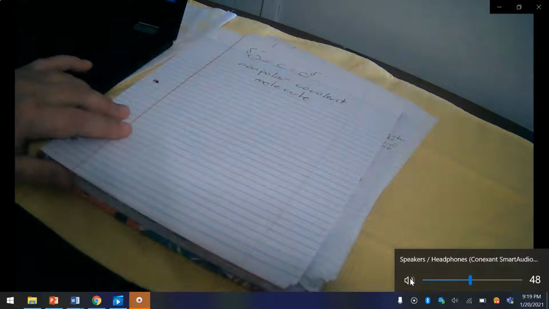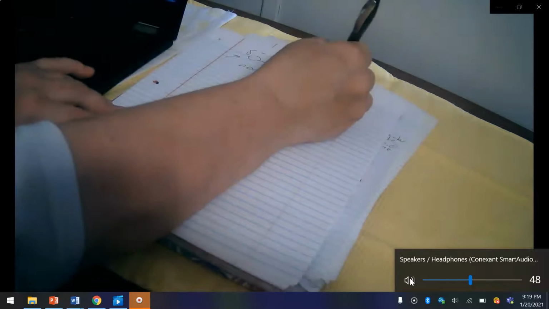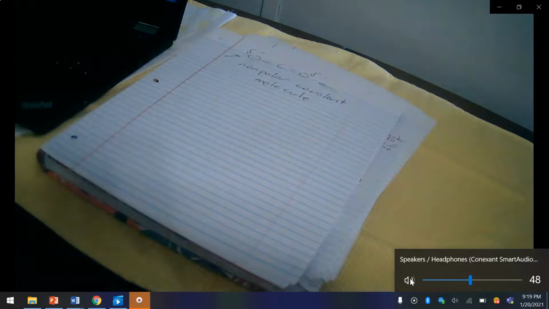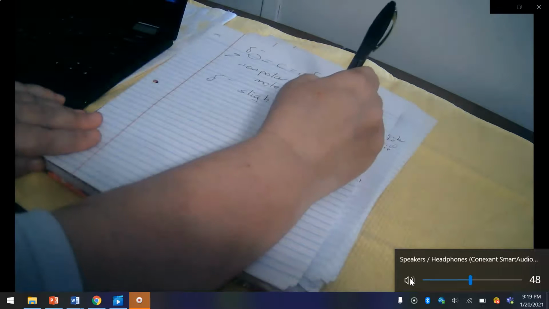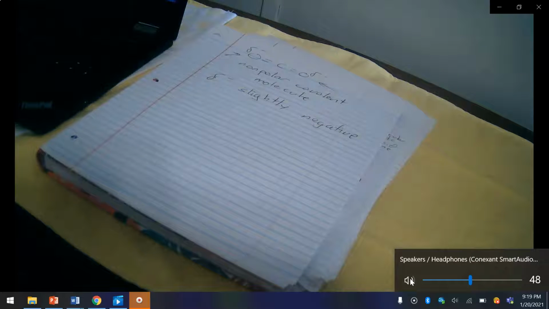So the electrons are shared equally between the atoms, and that means that the molecule is nonpolar, because both ends of this molecule are slightly negative due to the oxygen being slightly negative. That little delta sign, it just means slightly negative. So it's nonpolar if you don't have a slightly negative end of the atom and a slightly positive end of the atom.